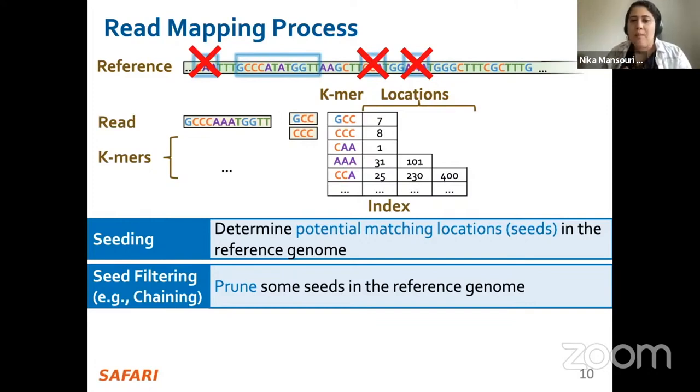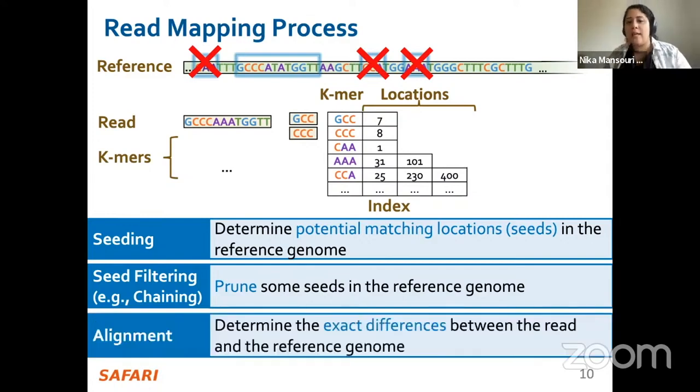At the end of this step, the reads that have all their locations filtered can skip the third stage. The remaining reads go to the third stage, which is the costly alignment step. That one determines the exact differences between the read and the reference genome via expensive approximate string matching that we talked about. That was the high-level, typical steps that conventional read mappers use.